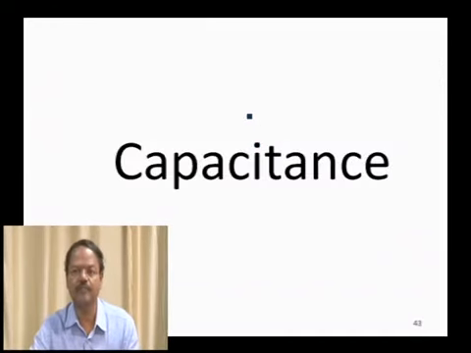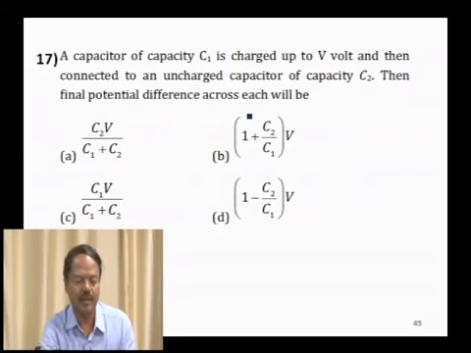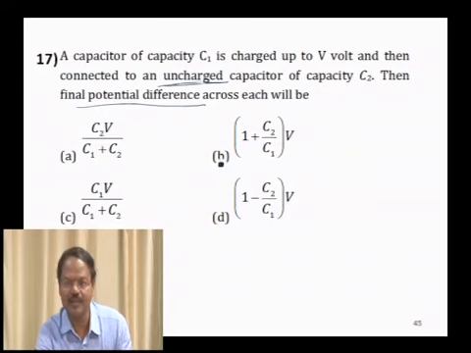Then going further, now we move on to some questions on the capacitance topic. The first one: a capacitor of capacity C1 is charged up to V volt and then connected to an uncharged capacitor of capacity C2. Then what is the final potential difference across each? Because they are parallel, it is the same.